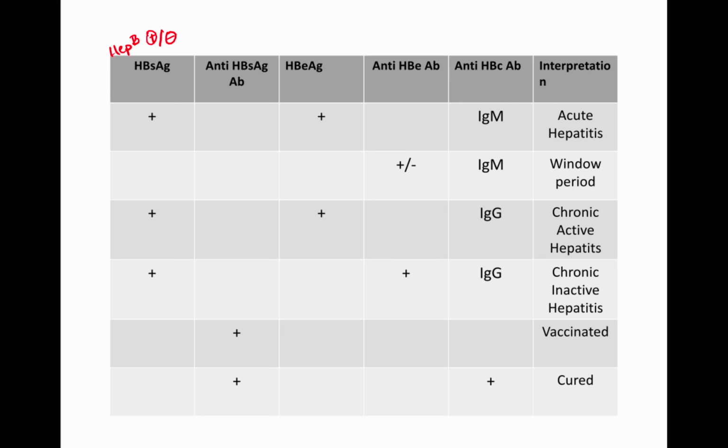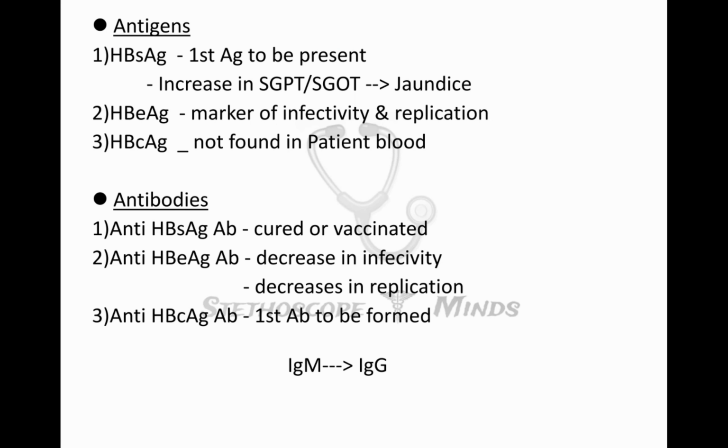Next, see the third column, which is HBeAg, the envelope antigen. It indicates whether it is active or inactive. Inactive means decrease in replication or decrease in infectivity.